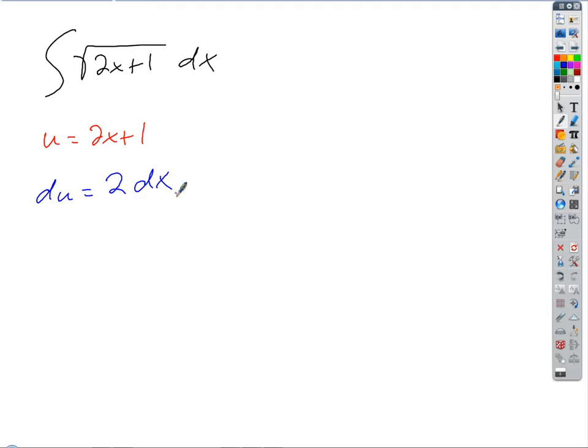Then we have to account for what we have. So this looks like now the integral of the square root of u, but look what's left over. I just have a dx. I don't have a 2 dx, right?